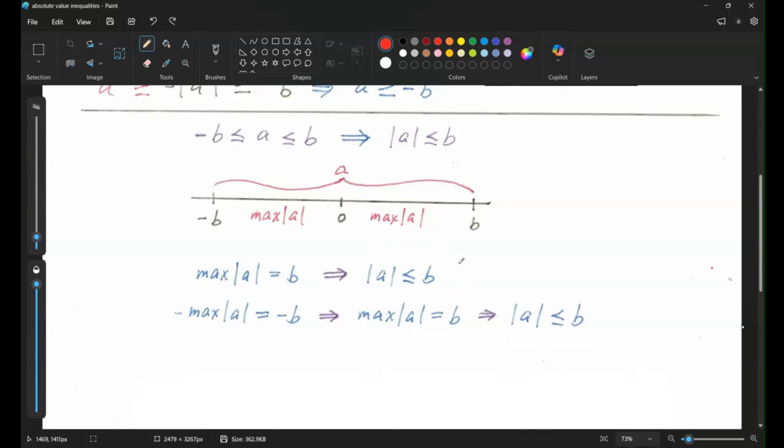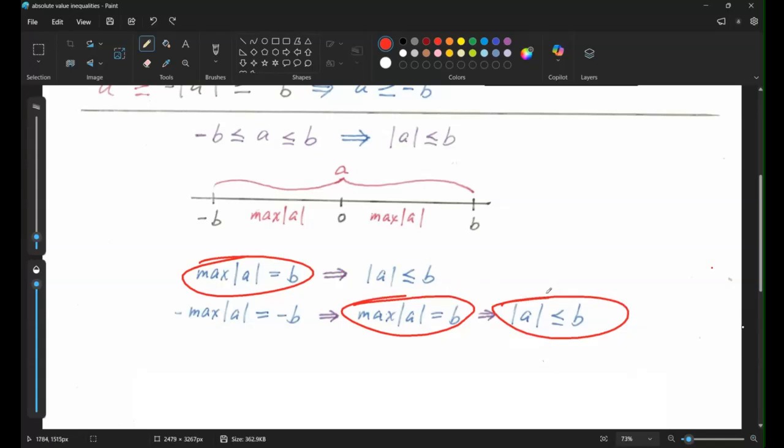So this is true. Now, if we look at this, it's the same thing. If we put a negative on it so that now it's equal to negative B, and we multiply through by negative 1, we get the same statement we had here.